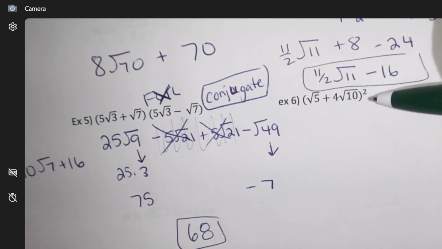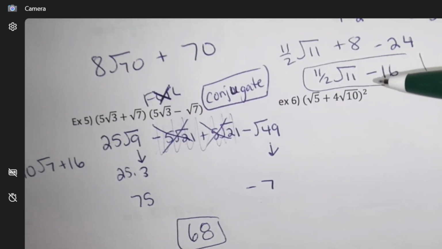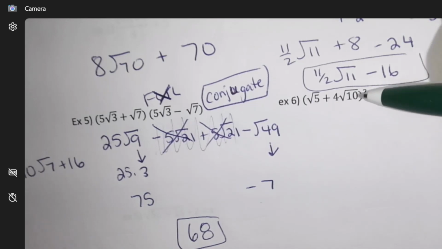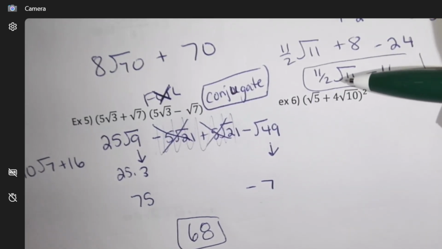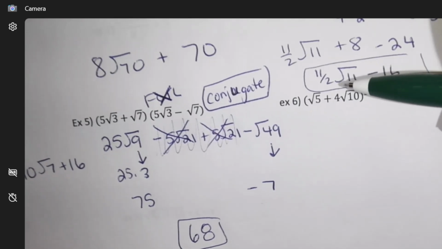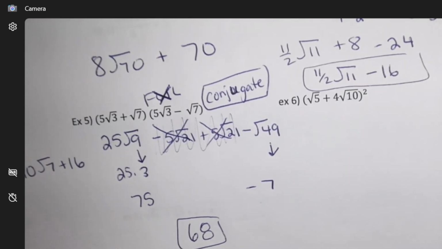When you have a binomial squared, this is a big deal in math. Mistakes often. I'm not squaring each thing individually. I'm squaring the unit. So what does math look like if you square a whole chunk?